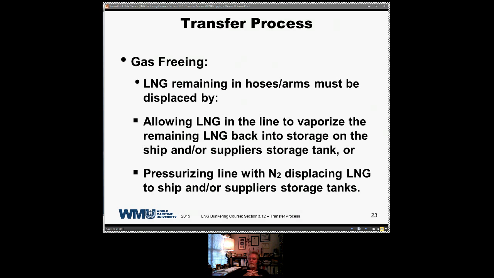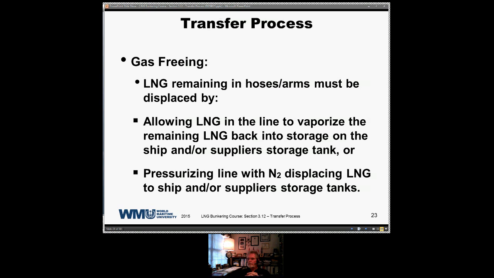Following the actual transfer process, again, this is a ship at a terminal, we're going to have to gas free the loading arms. So we now have these loading arms that are full of LNG, and this LNG remaining in the hoses has to be displaced.